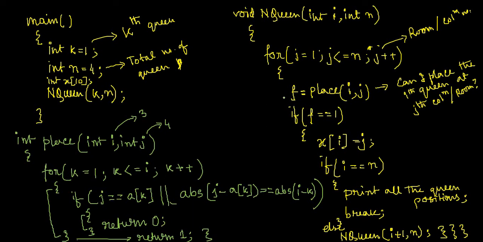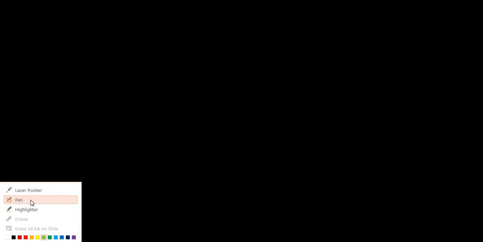Now let us see what will happen if I really execute this program considering 4 queens. So let's draw a diagram first of all. We will consider both the 2-dimensional as well as the 1-dimensional view, so that your idea becomes clear.